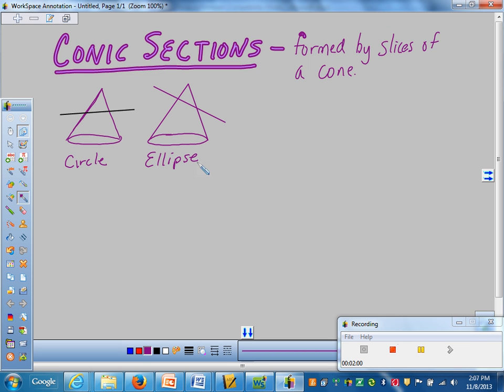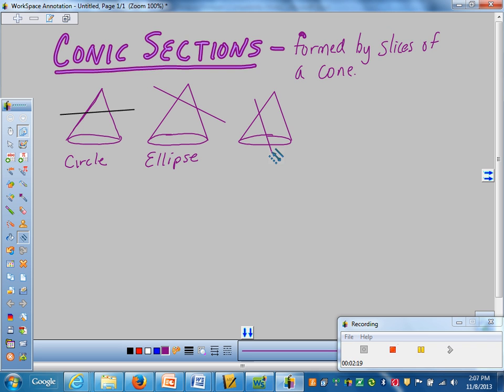Okay. Next one, this time I want to slice through a side and out the bottom, but this slice is always parallel to the edge of the cone, so I have to be doing a parallel slice here. It's parallel to the edge of the cone. What shape will that get?